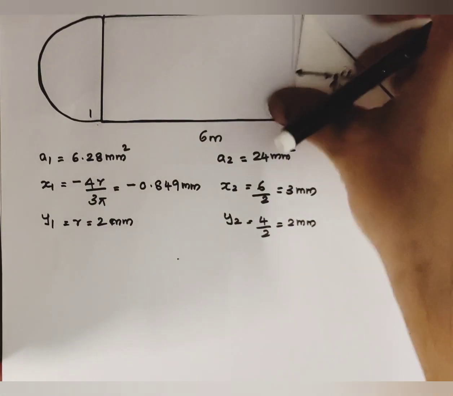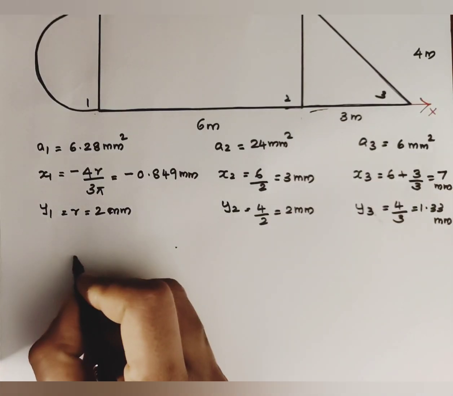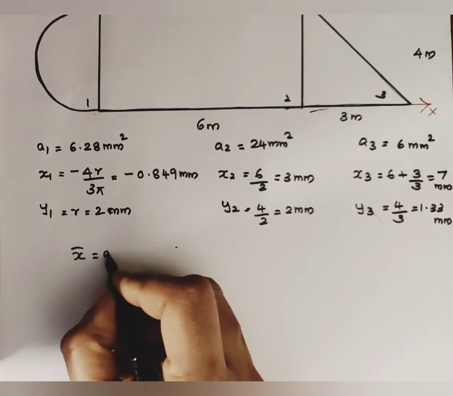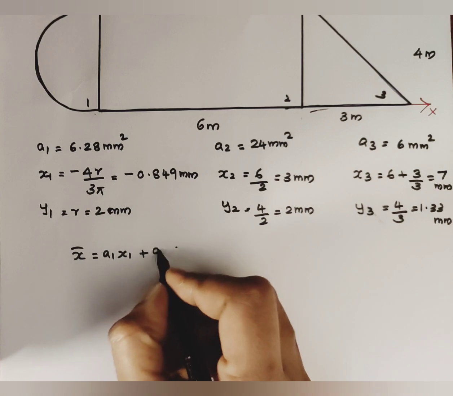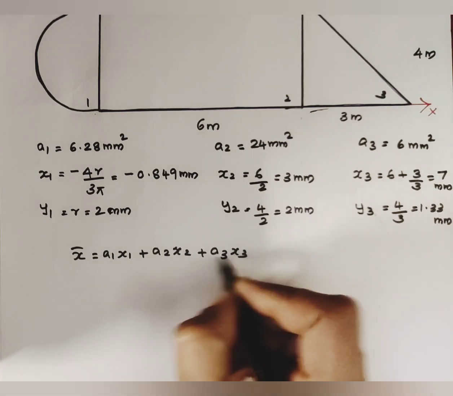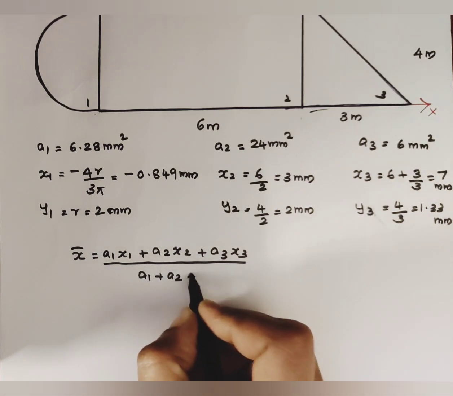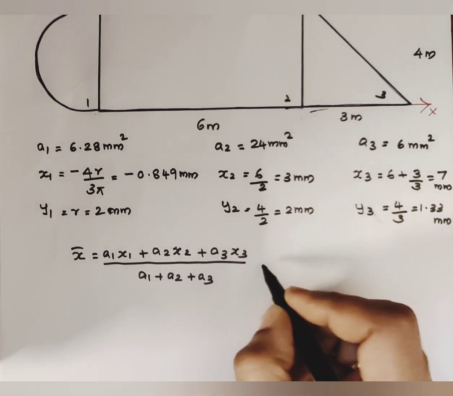So now you have to write the equation to calculate x bar and y bar. X bar is equal to a1 x1 plus a2 x2 plus a3 x3 divided by a1 plus a2 plus a3.